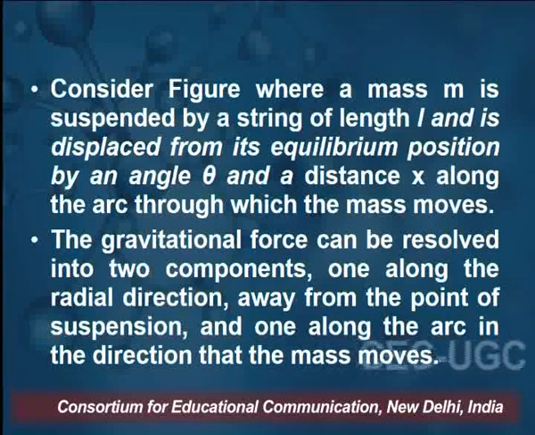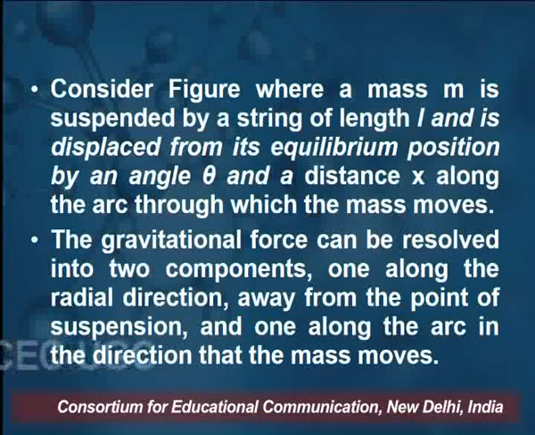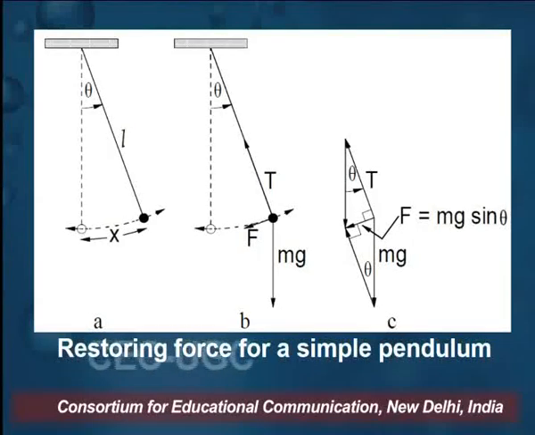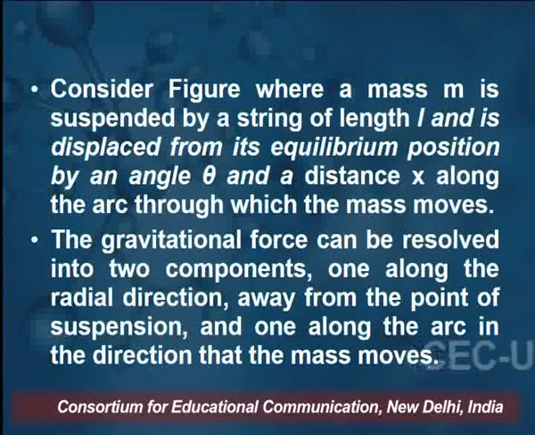Now from the figure, the bob mass is m, suspended by a string of length L, and it is displaced from the equilibrium position by an angle theta and a distance x along the arc through which the mass moves. As we have seen in the diagram, theta is the angle and x is the displacement, covered when it is displaced from the equilibrium position.